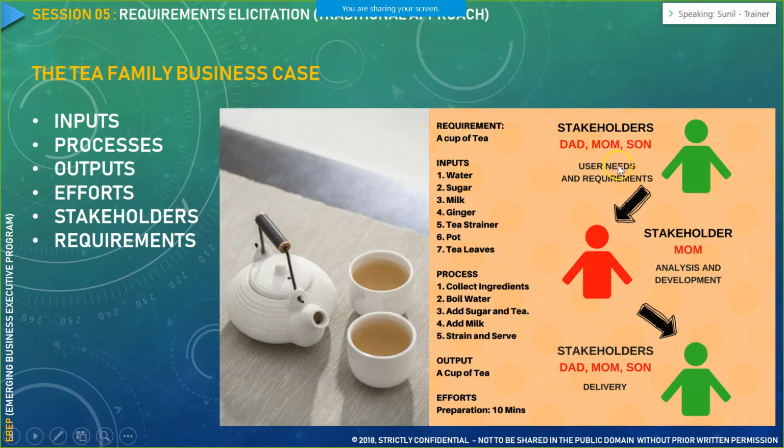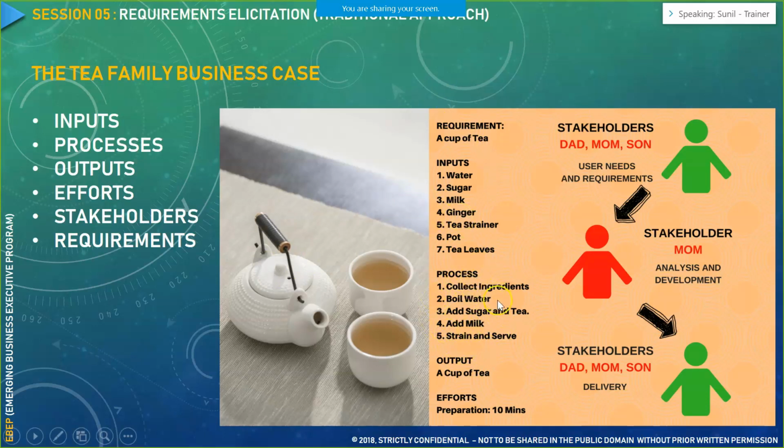Now, in order to prepare a cup of tea, you need certain inputs like water, sugar, milk, ginger, and so on. Those are called inputs in business analysis. Once you have all the inputs, there is a tea making process involved. Consider this process and relate it to the system. What system would execute after getting the necessary inputs?